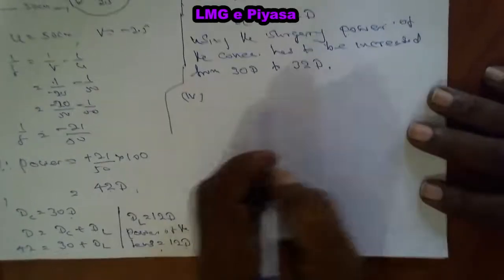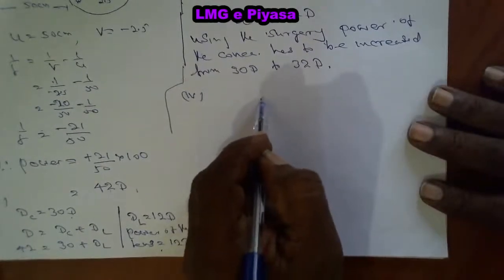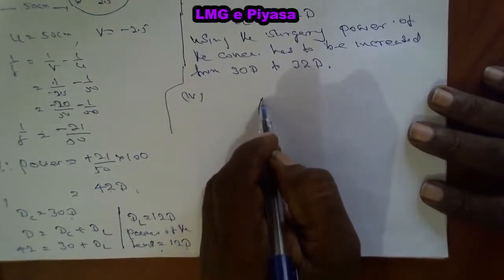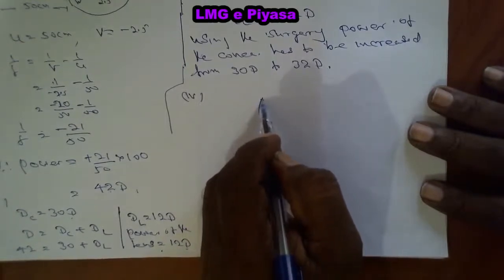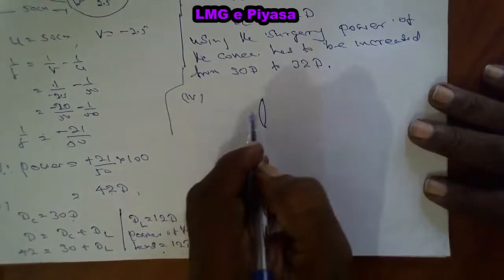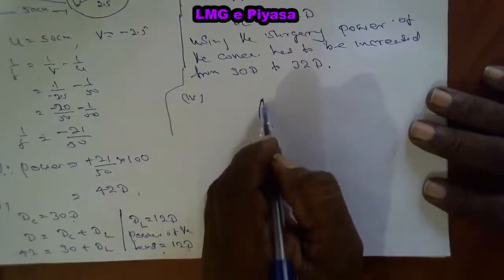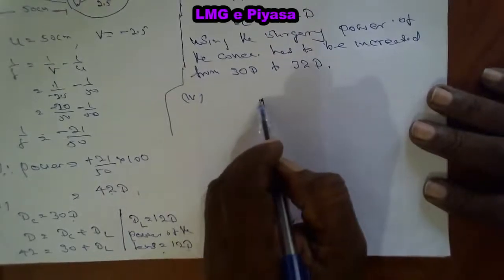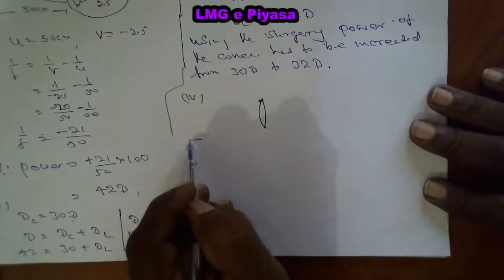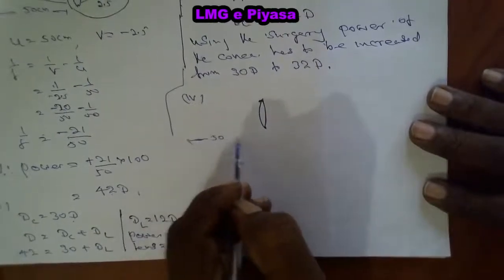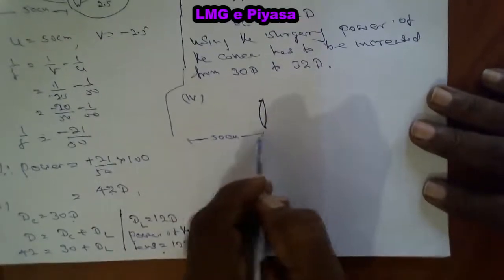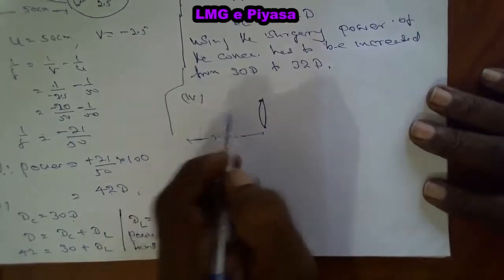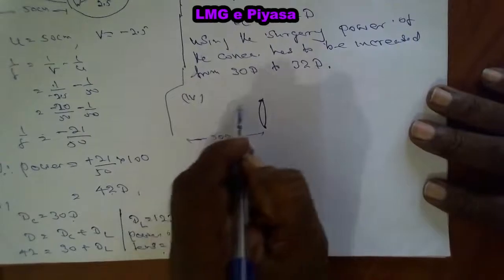Now he is wearing a glass, an external lens, right? What is the purpose of this lens? Now his near point is at 50 centimeter. So this lens should bring the near point to 25 centimeter.